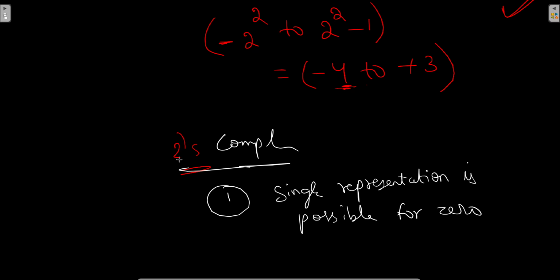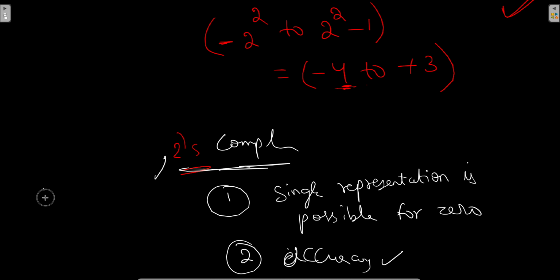That is the main reason why we are considering 2's complement rather than 1's and sign magnitude. And second, by following 2's complement it is efficient. It will be accurate. We are getting an accurate result. That's the second advantage.